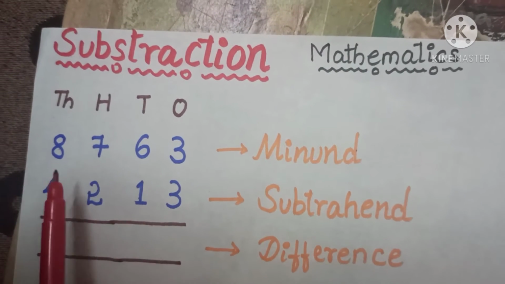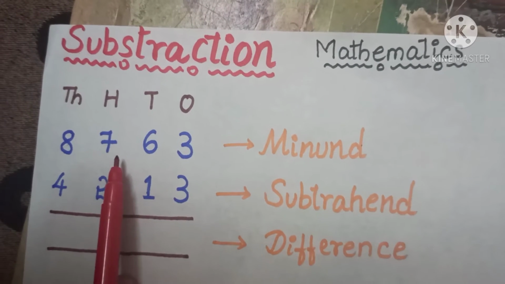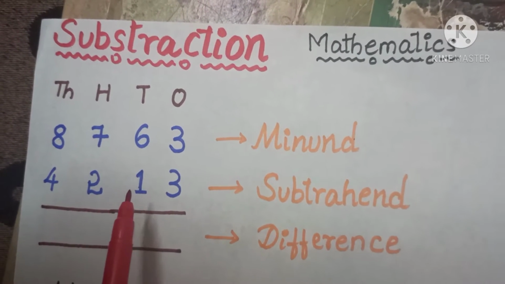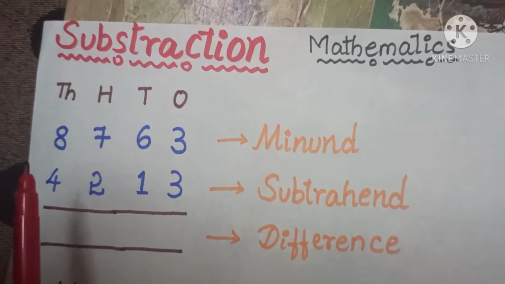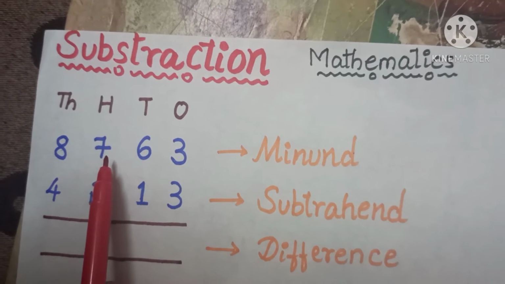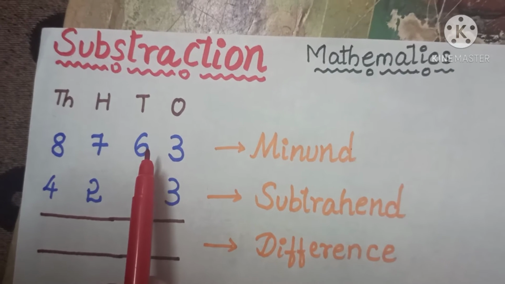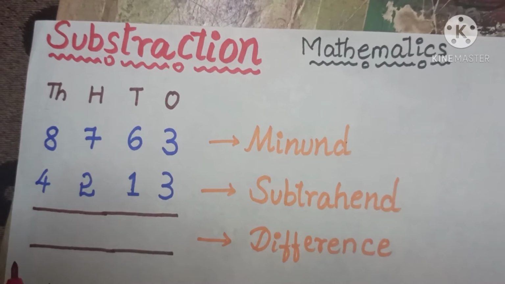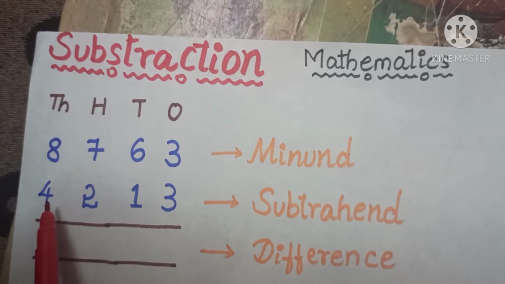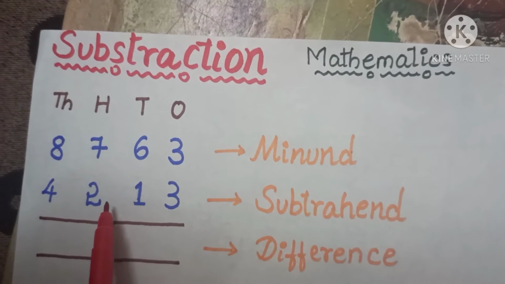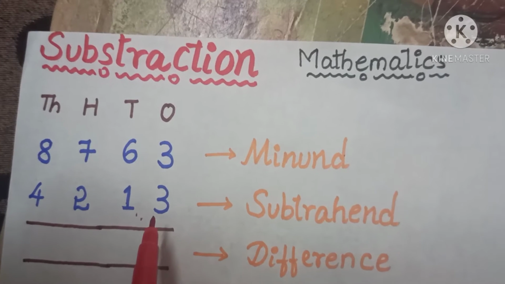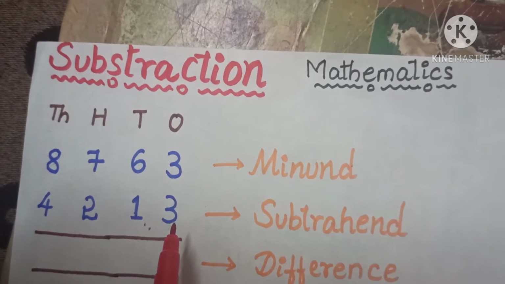Here it is 8763 and 4213, where 8 is in thousands place, 7 is in hundreds place, 6 is in tens place, 3 is in ones place. Similarly, 4 is in thousands place, 2 is in hundreds place, 1 is in tens place, and 3 is in ones place.